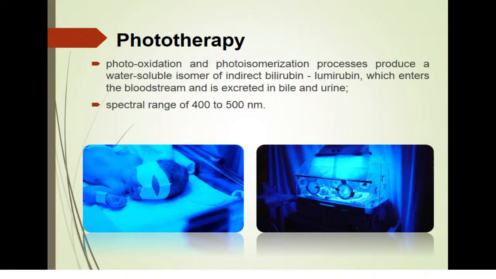Special lamps are used that emit light with a wavelength of 400 to 500 nanometers. Meaning of the procedure: photooxidation and photoisomerization processes produce a water-soluble isomer of indirect bilirubin, lumirubin, which enters the bloodstream and is excreted in bile and urine.